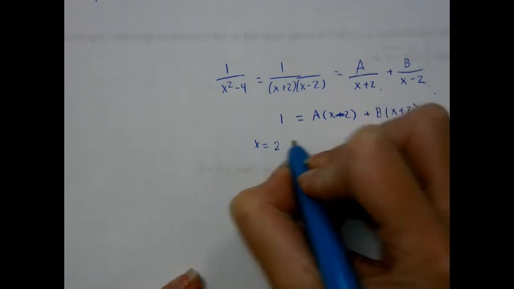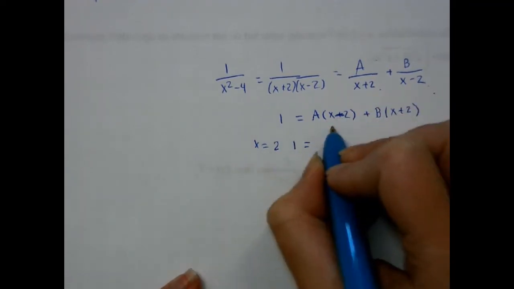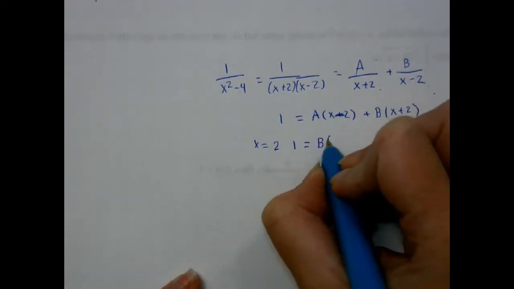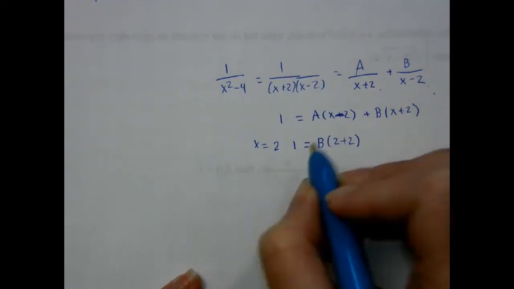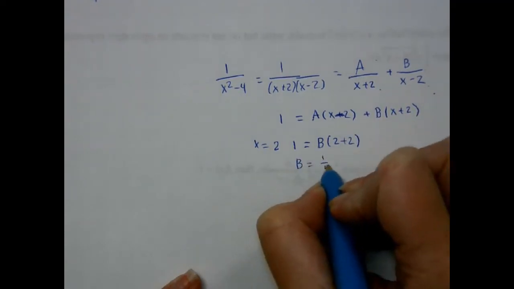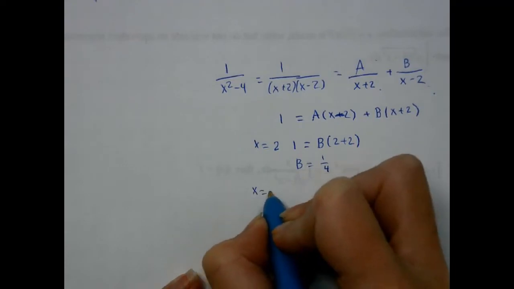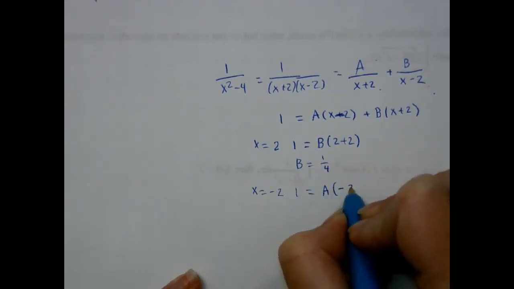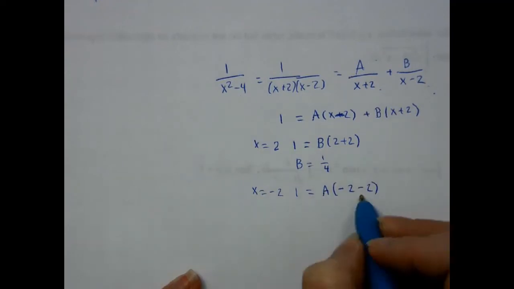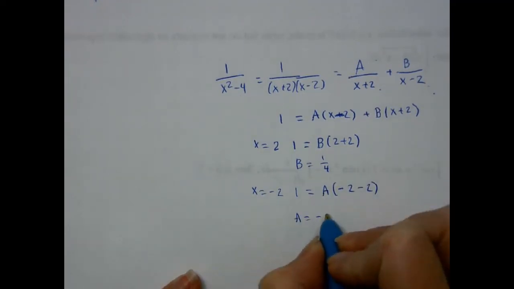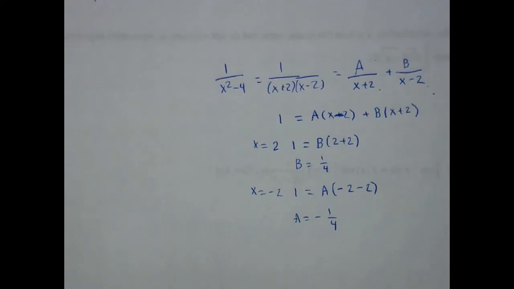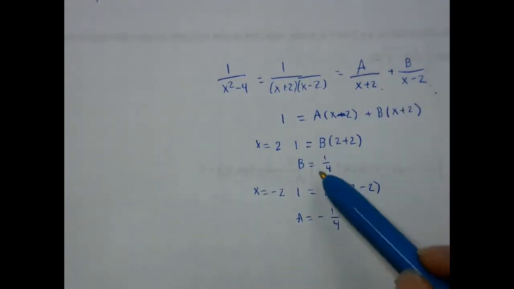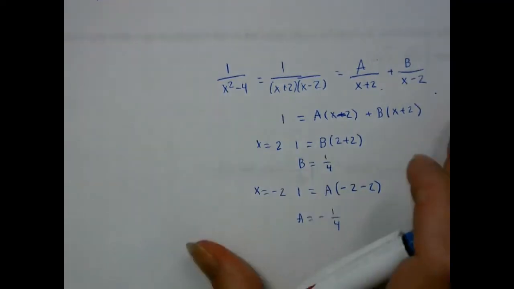So if I let x equal positive 2, this one goes away. So B equals 1/4. When x equals negative 2, 1 equals A times negative 2 minus 2, which is negative 4, so A equals negative 1/4. So we replace that here, and integrate.